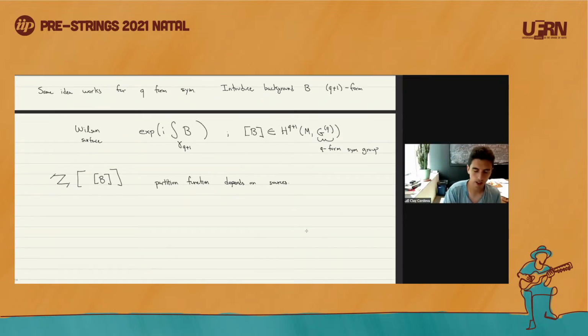The caveat is that this discussion is correct for discrete higher form symmetry. For continuous symmetry, we need more. There's also curvature.